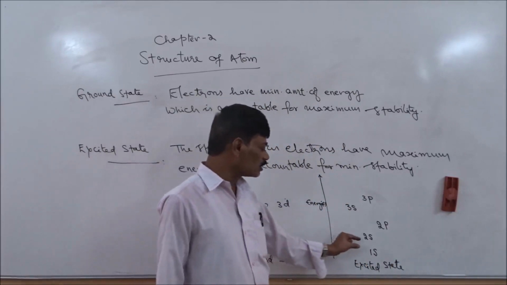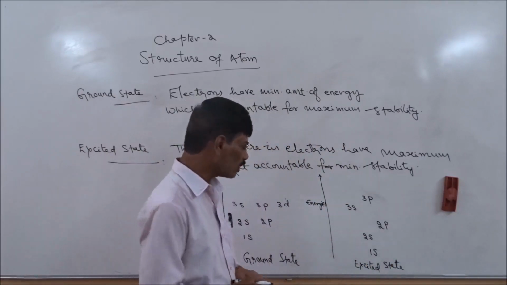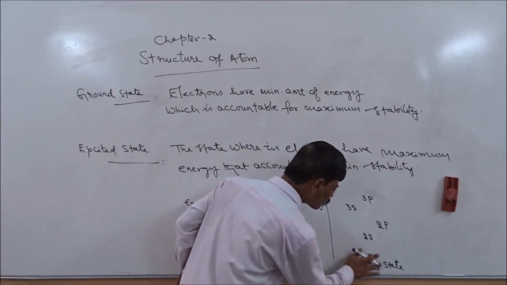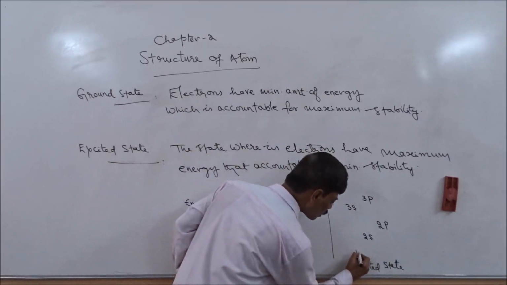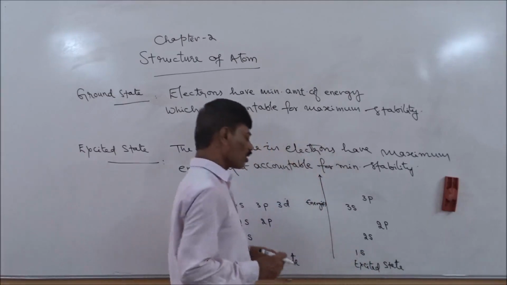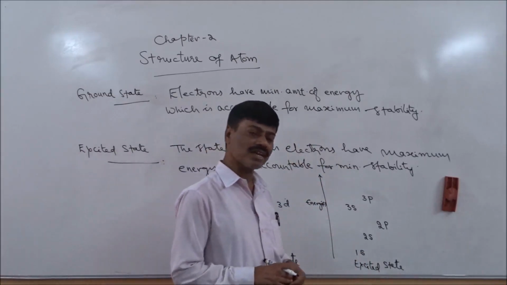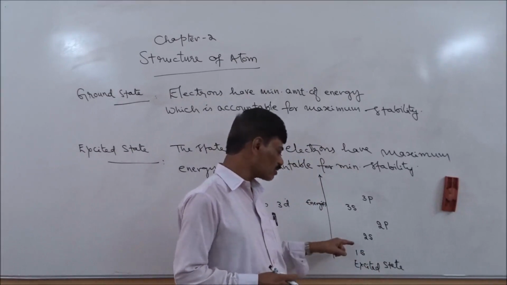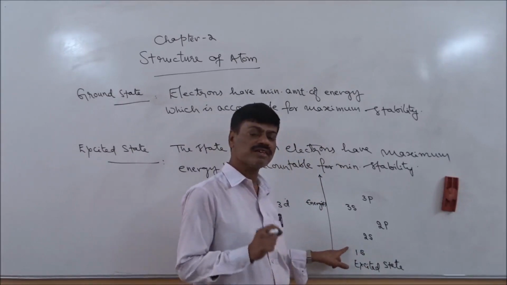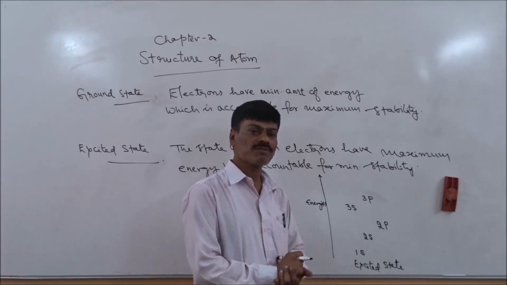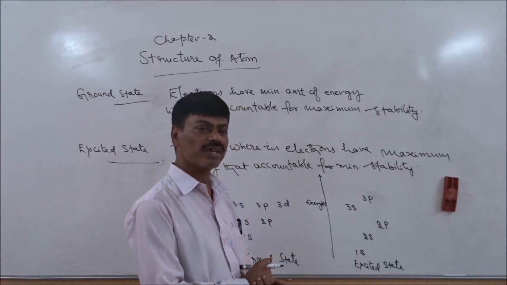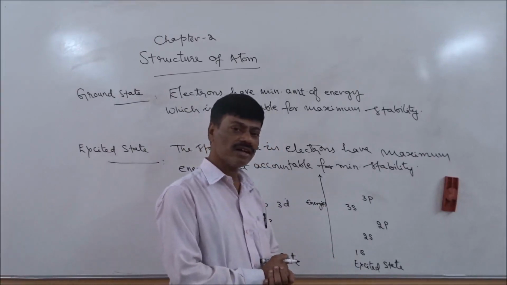Imagine electron is there in 2s, right? Let me show that 2s. If we give small amount of energy to such atom wherein electron is there in 1s, imagine it is hydrogen atom. Its atomic number is 1, so electronic configuration is 1s1.